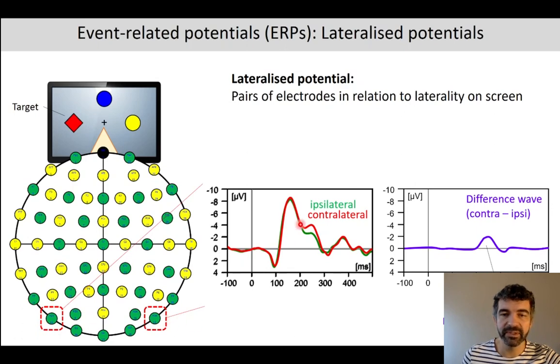There would be noise on each of these, on the red and also on the green wave, but by subtracting ipsi from contra, that would cancel out to 0, and we end up with a smoother signal in the difference wave.